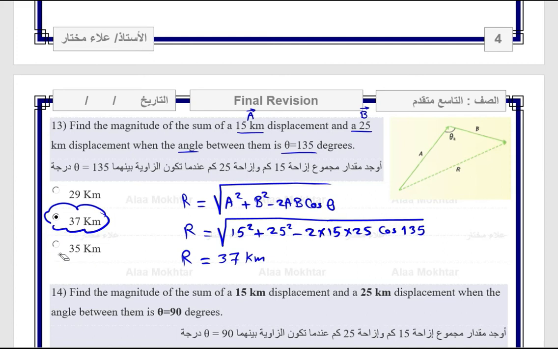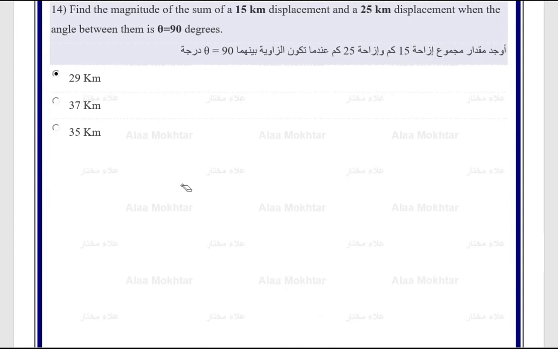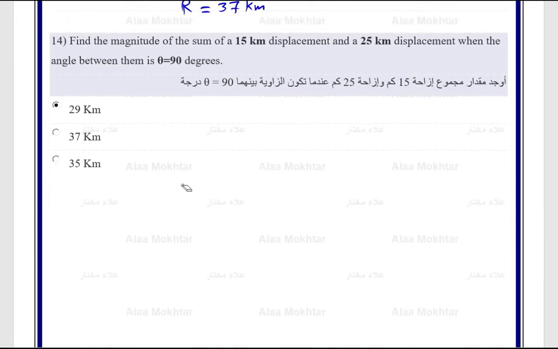Same vectors, but the angle is 90 degrees now. How can we get the displacement? Find the magnitude of the sum of the 15 kilometer displacement and the 25 kilometer displacement when the angle between them is 90 degrees.